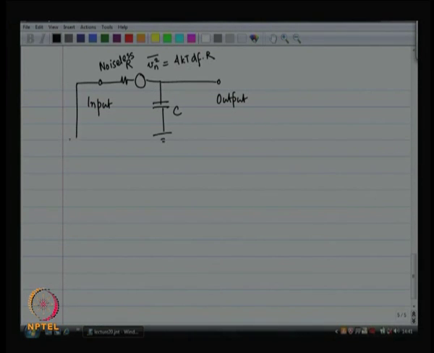So, let me connect the input to 0 volts, and I need to find out what is the voltage across the capacitor. That is going to give me the output.